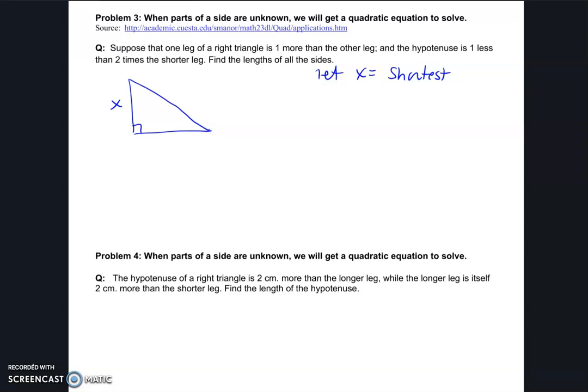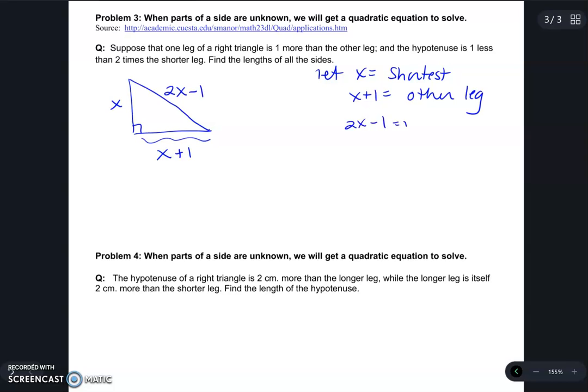This side here is one more than the shortest, so x plus 1. It's the other leg. And the hypotenuse is 1 less than 2 times the shorter leg, so 2x minus 1 equals the hypotenuse.